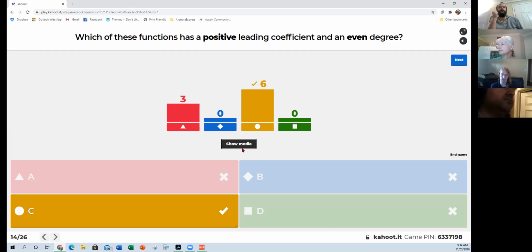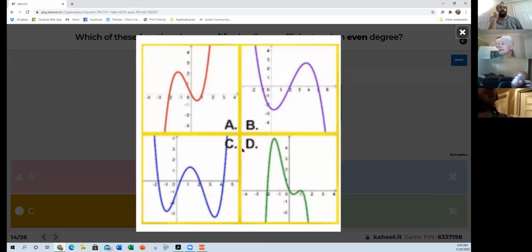So the only possible answers are A and C, because we need a positive leading coefficient and an even degree. Well, this one couldn't be.